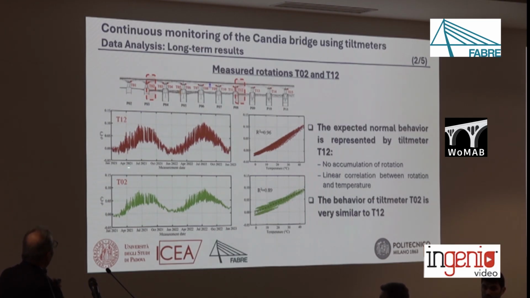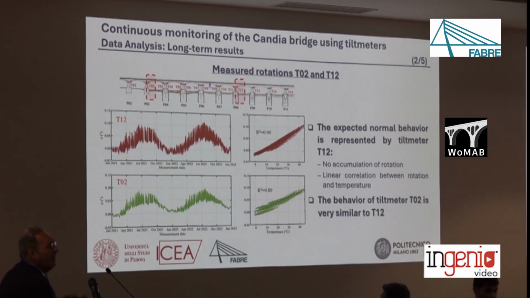And for example, for this other tilt meter, T02 is in this position and T12 is in this position. Also for T02, the behavior is very close to the normal one, with a very small accumulation of rotation and an almost linear correlation with temperature.